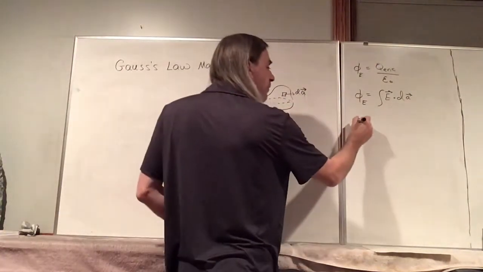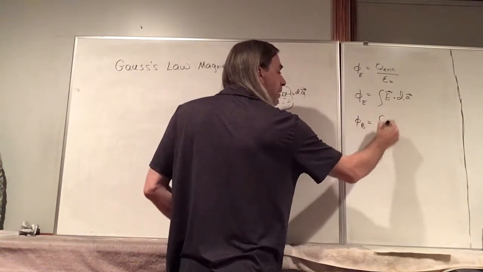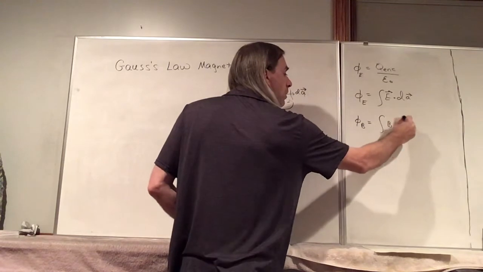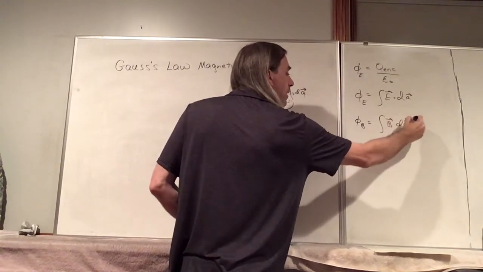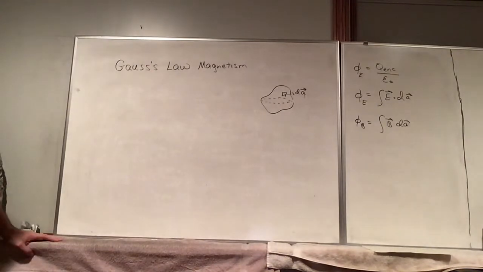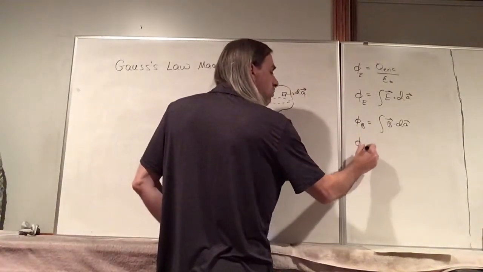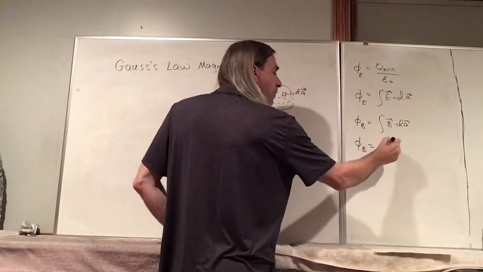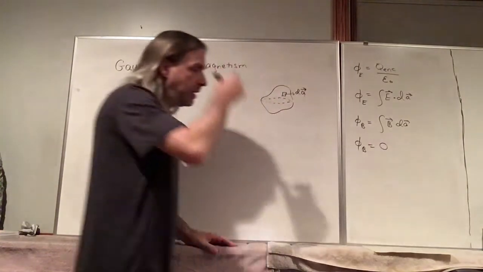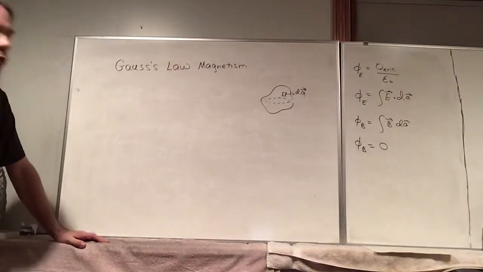But for magnetic flux, we would define it the exact same way, just using magnetic fields instead of electric fields. And I'm just going to tell you what Gauss's law is. Gauss's law for magnetism is that the flux through any closed surface is zero.